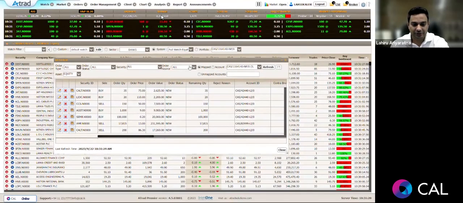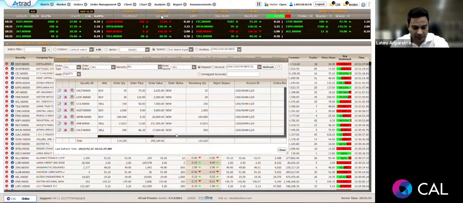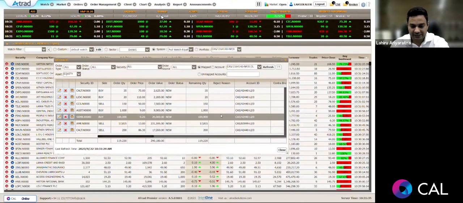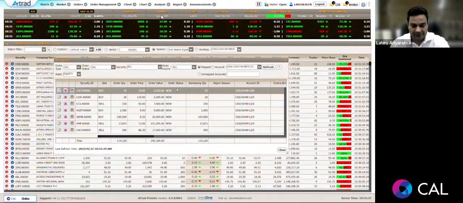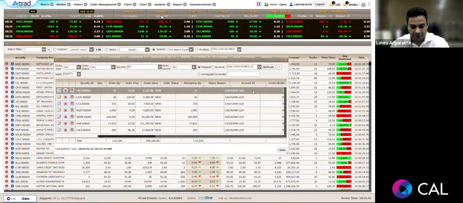So your order blotter will have the side, which is buy or sell, the order quantity, the price, the order value, and the remaining quantity. And what's interesting is it will show you the status of the order and the TIF of the order as well.